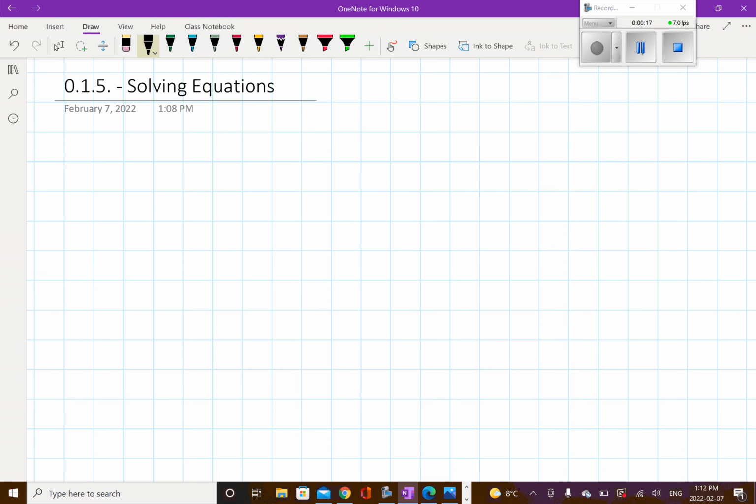And when we are solving equations, what we are doing is performing the opposite of the order of operations, BEDMAS. And BEDMAS stands for brackets, exponents, dividing and multiplying, adding and subtracting.